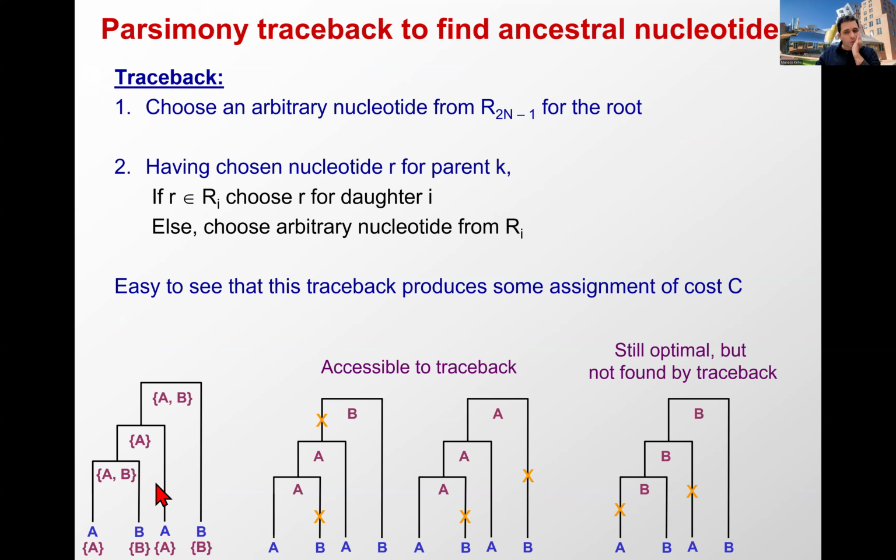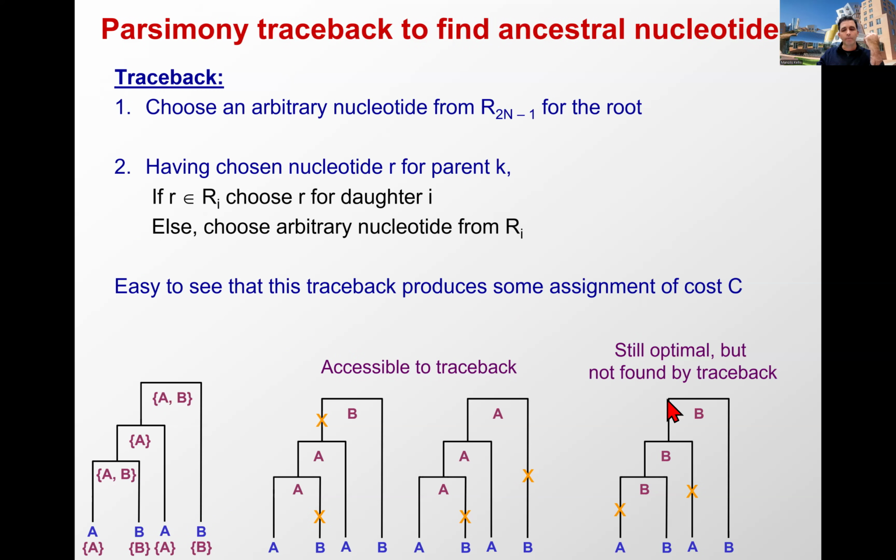So there's a problem. The problem with this union intersection approach is that it doesn't actually capture all possible trees. In other words, it will only explain this particular tree by having an A at that position. But when you look further up, you realize that there's a B here and there's a B here.